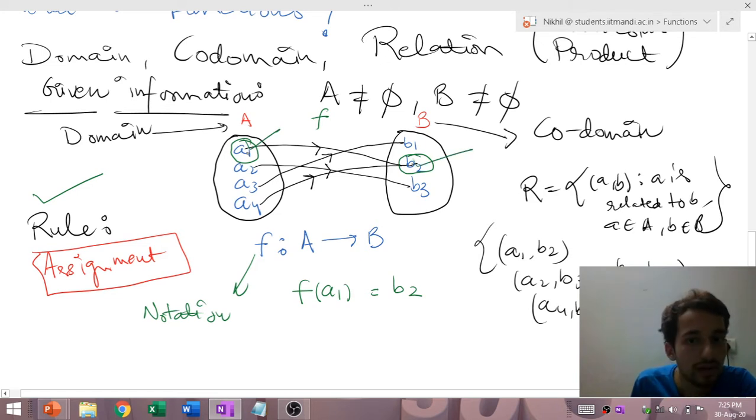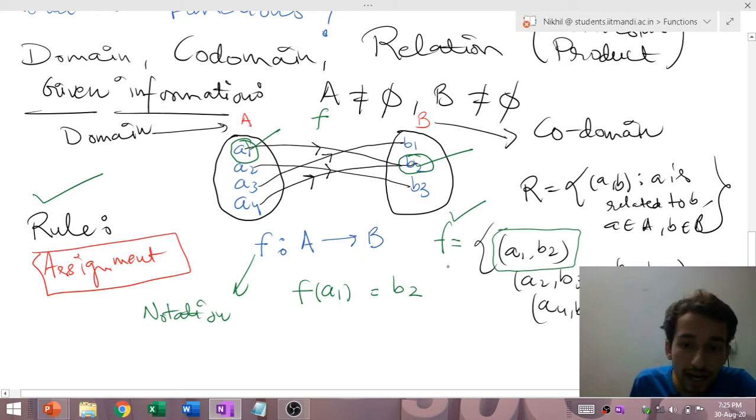I have related these two using these arrows, and I have written these in the form of an ordered pair. If I call this my small f, this small f is a collection of all those ordered pairs. Now this A1, which is the element of the domain, is related to B2 by this rule f.